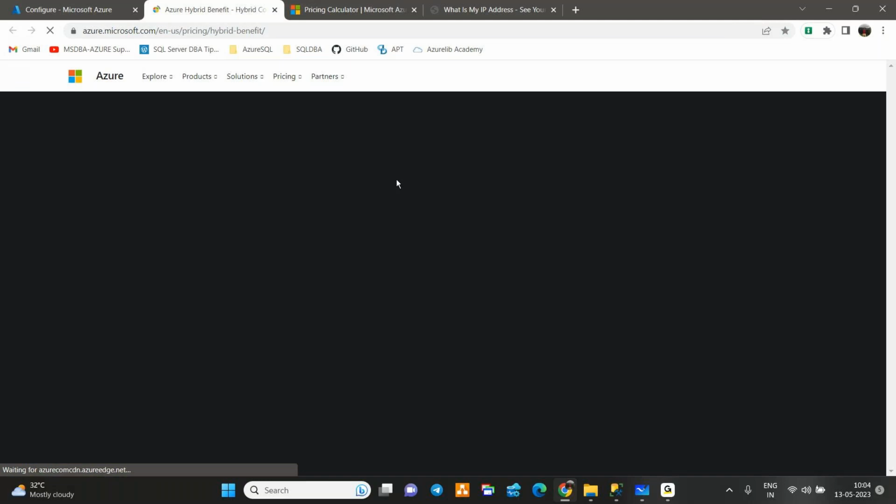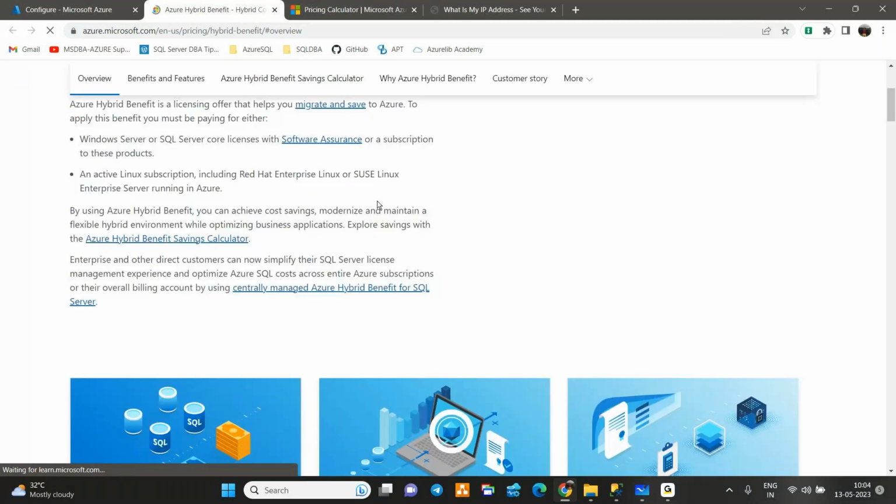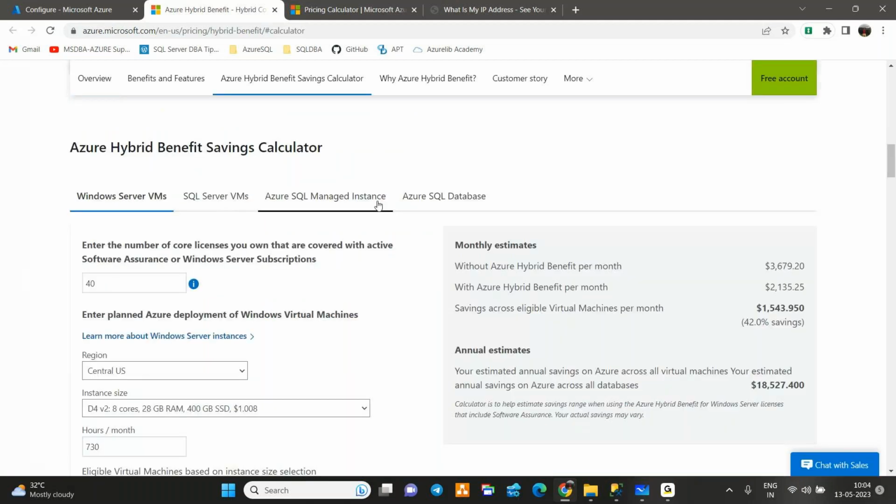Using Azure Hybrid Benefit, you can convert your on-premises license into a PaaS license. Hope you are getting it, everyone. So whatever license you purchased on-premises that is not being used, you can convert into Azure PaaS.